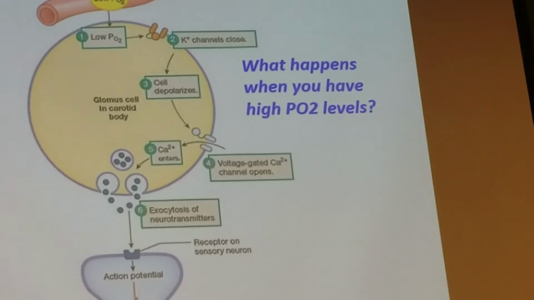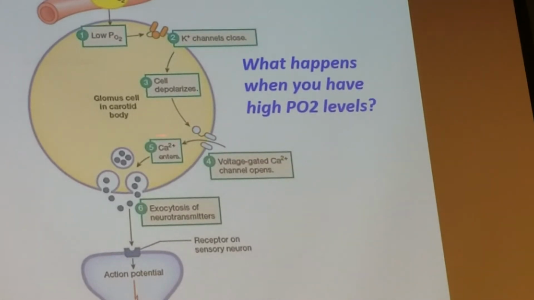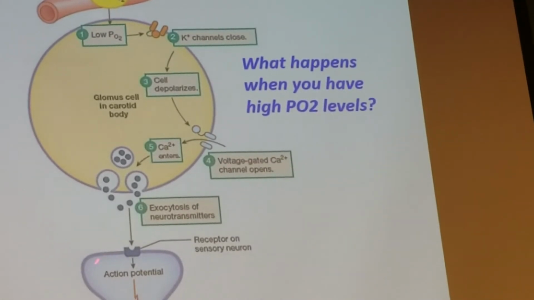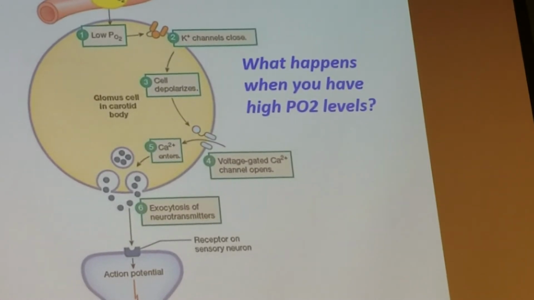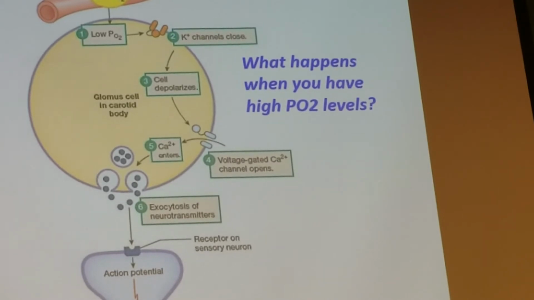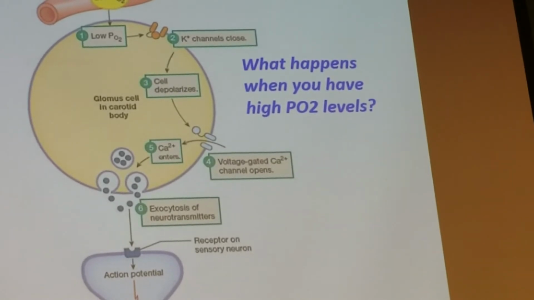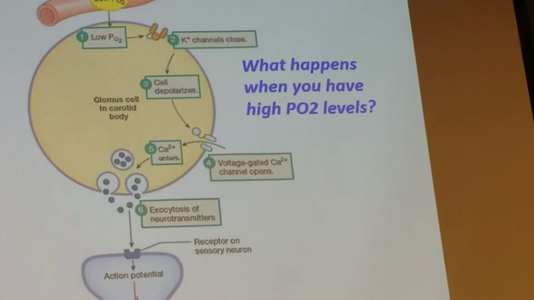I breathe faster because of the lower O2. And the lower the O2, the more channels that are closed, the more that these guys are open, the more neurotransmitters are released, and the faster you breathe. Now you come by and you give this person oxygen because you think that they are having a low PO2 value. So you give them oxygen.